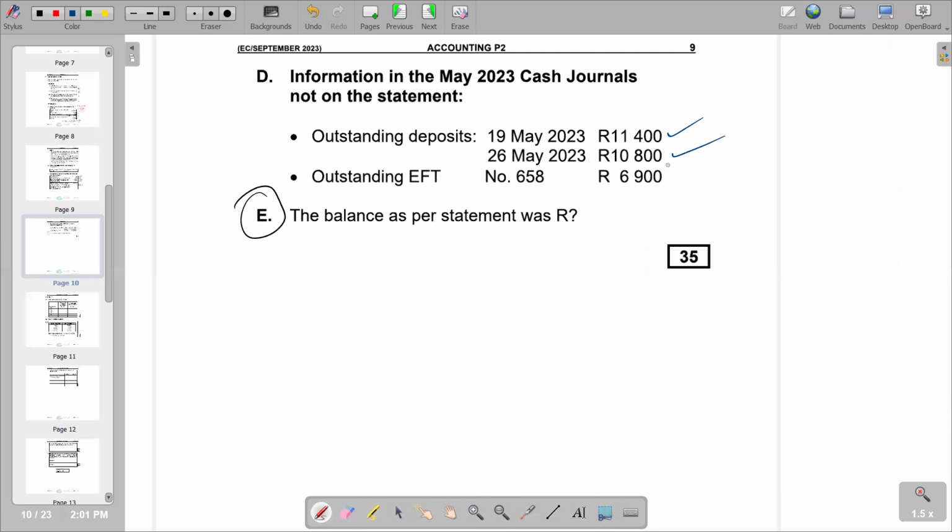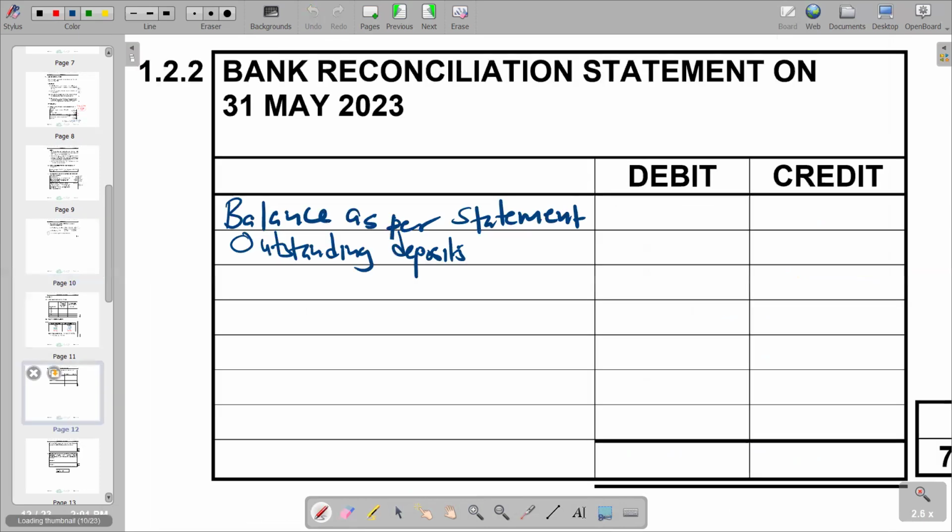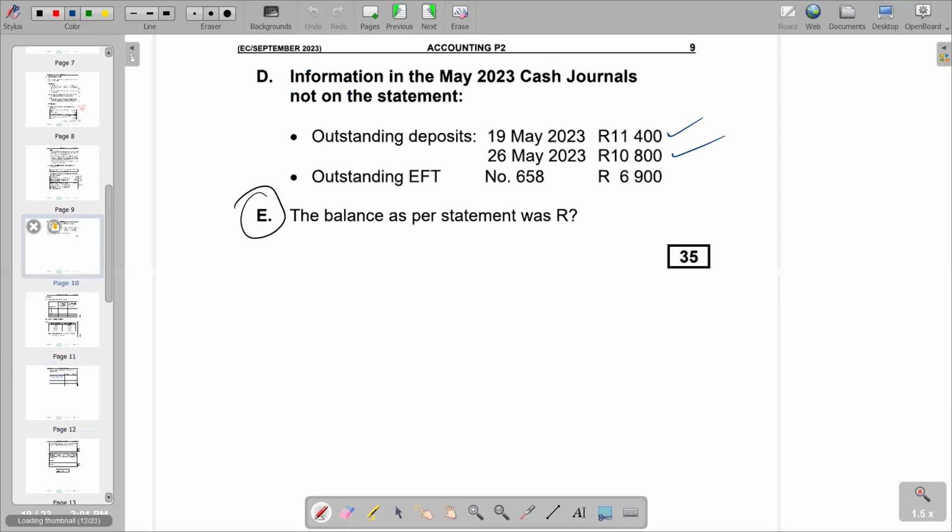So we can try to post those ones in the answer section now. The first one is 19 May, and the amount is 11,400.